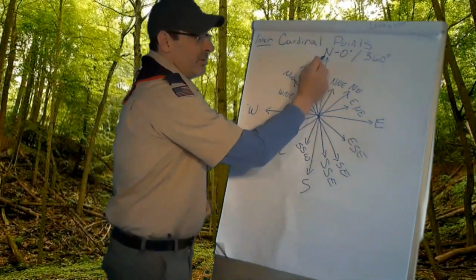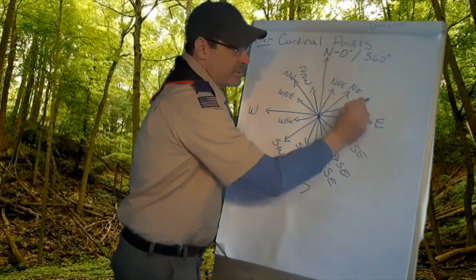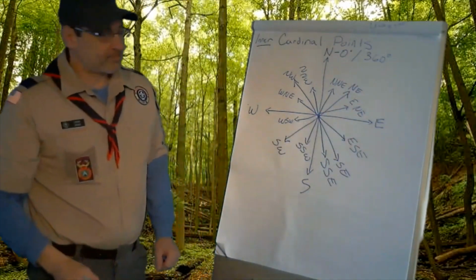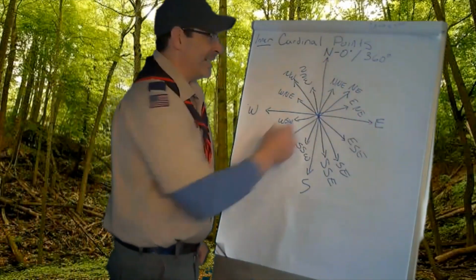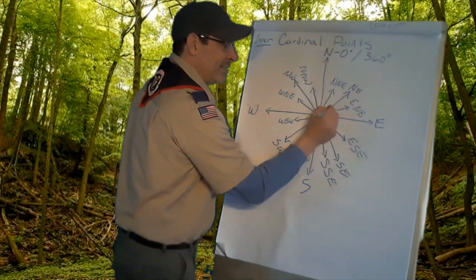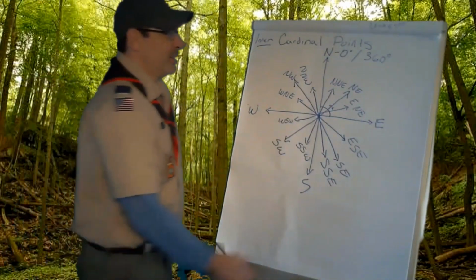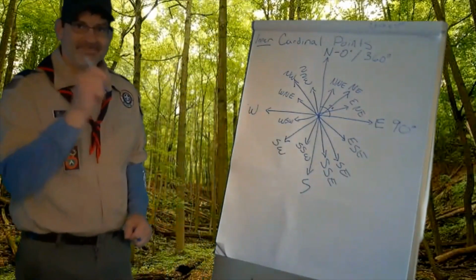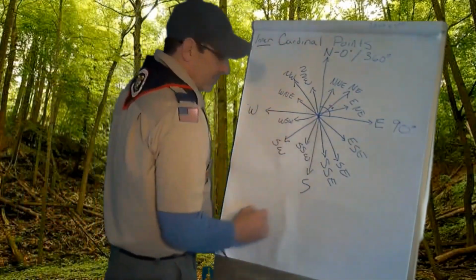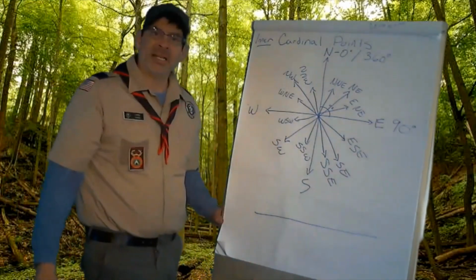Okay, so now we're going to come around. So what is this one? See that angle right there? You know that, right? It's a 90-degree angle right here, isn't it? So you think it's a coincidence that this is 90 degrees? Not at all. So a straight line is how many degrees?